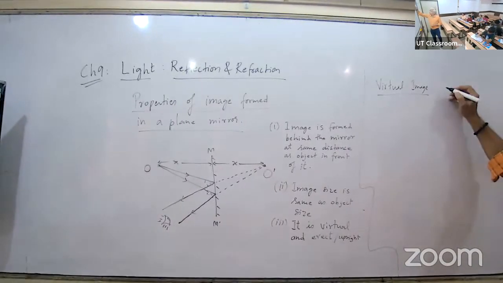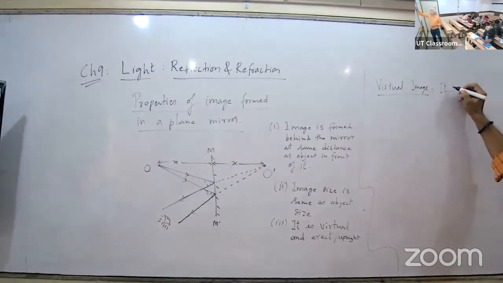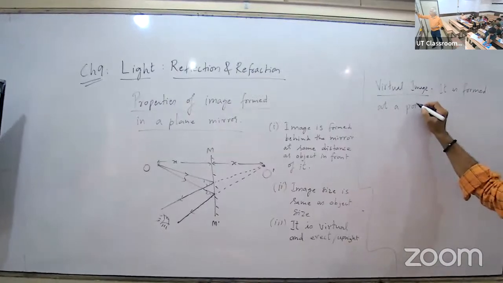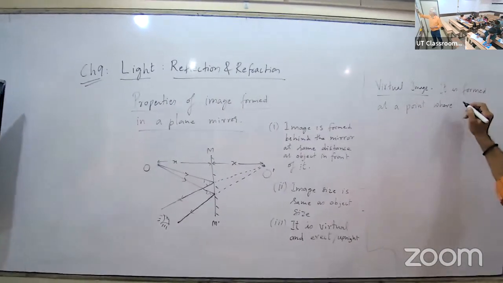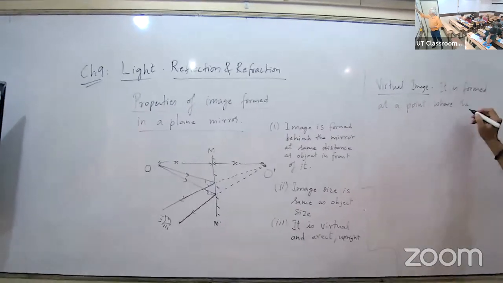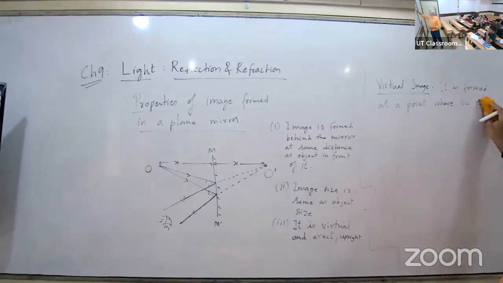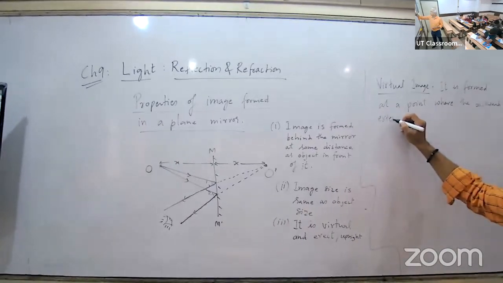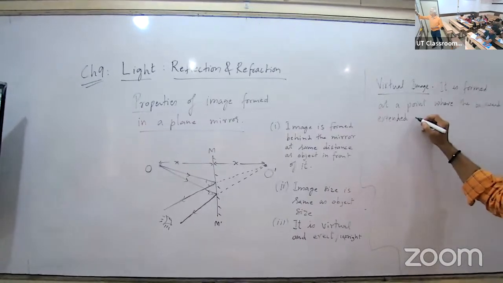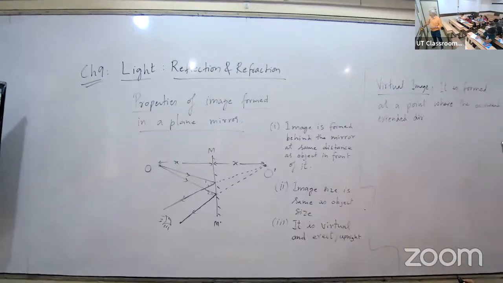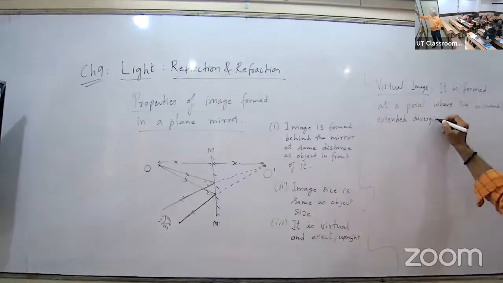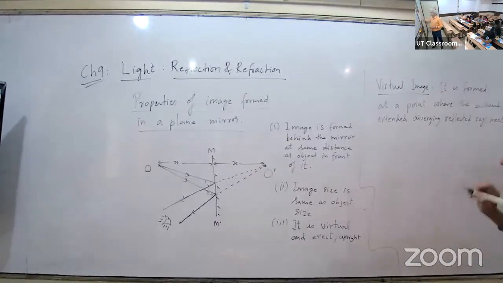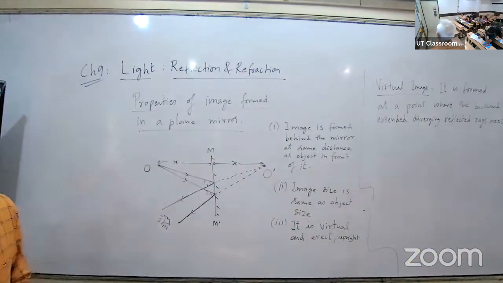It is formed at a point backward extended, diverging reflected rays meet. I will explain first, then you write down.